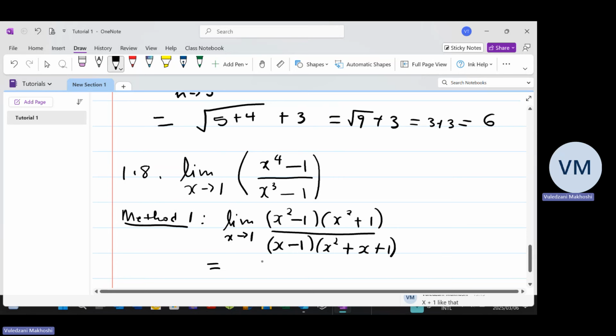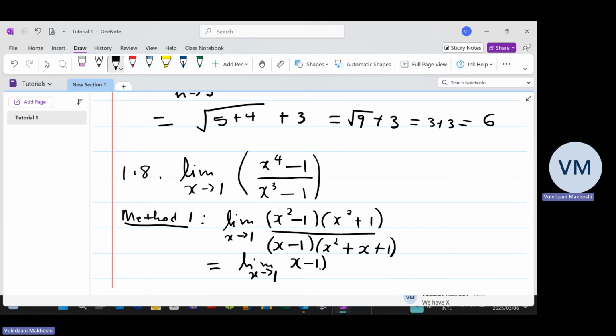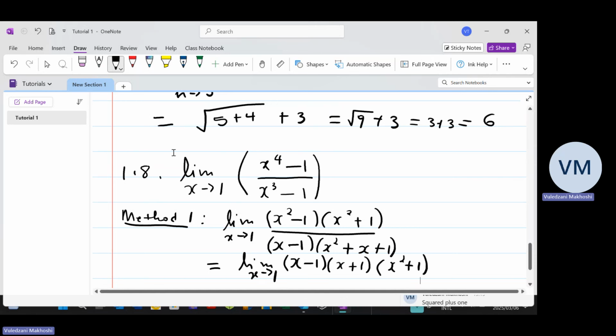This is equal to the limit when x is approaching 1. Factorize again, we have x minus 1, x plus 1, x squared plus 1, like that.